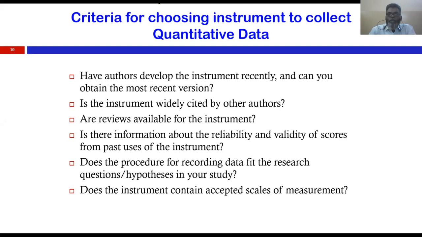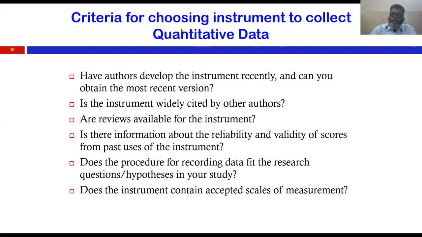Okay, I will continue. So, criteria for choosing an instrument to collect quantitative data. How did the authors develop the instrument recently, and can you obtain the most recent version? See, this indicates that the more citations you have, the more popularity your paper will have.